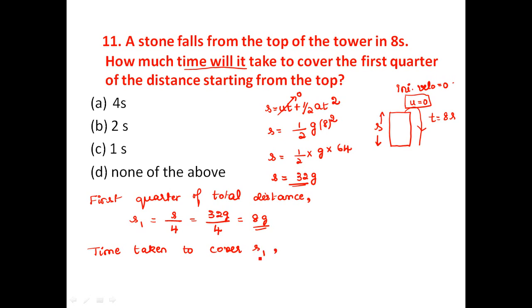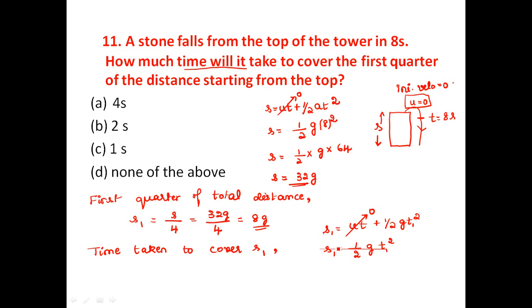Again, we are going to use the second equation of motion here. S1 is equal to ut plus half g t square. Here also the initial velocity will be 0. We are left with S1 is equal to, so I'll write the symbol for time as t1, because t1 is the time taken to cover that first quarter of the distance, right? It is half g t1 square.